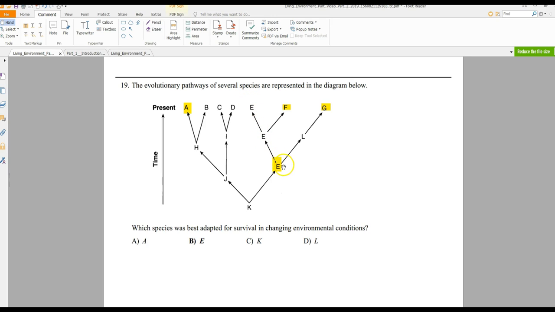This species, natural selection, survival of the fittest, strong, fit, it was fine with predators, diseases didn't affect it, it survived all this time. So the best answer for the best adapted is E. Survived, here with us now.